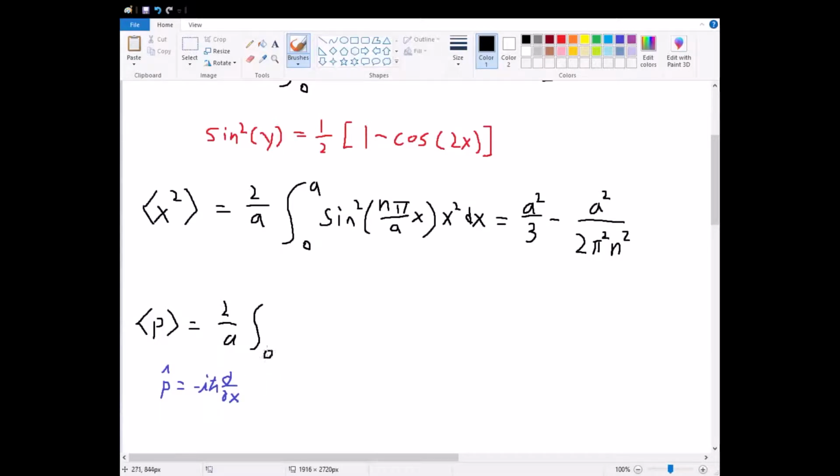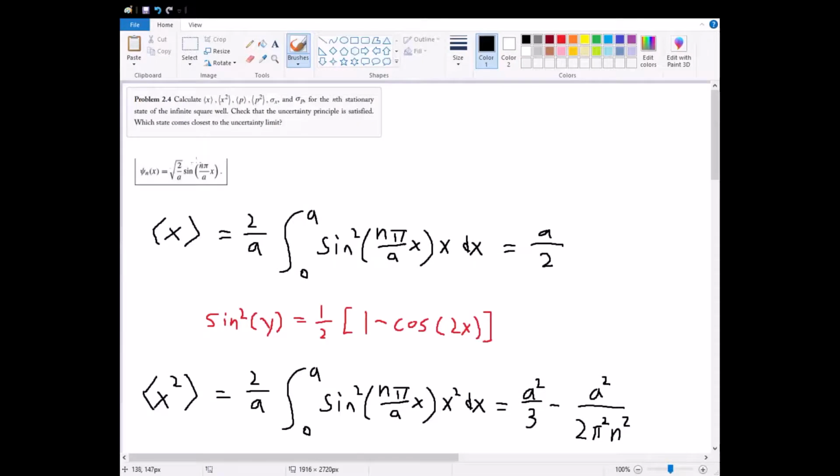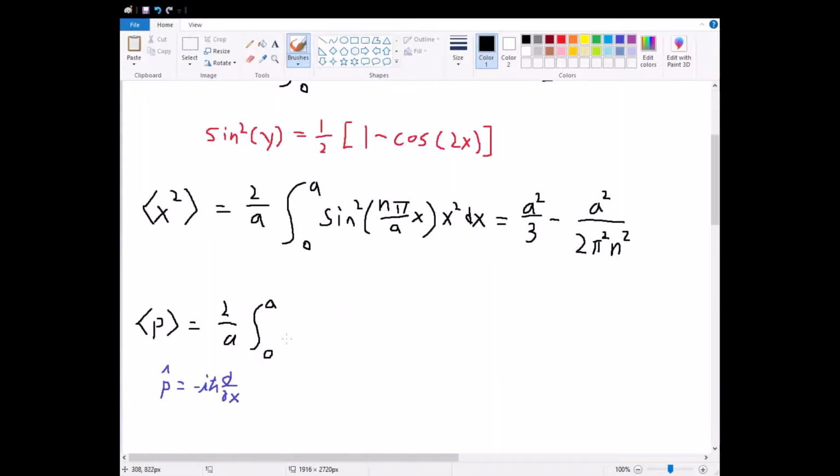So our integral from 0 to a, and we're going to start by writing our complex conjugate expression. Thankfully, in this case, everything's very simple because the complex conjugate equals the normal expression. So we get, starting off, sine of n pi over a times x.